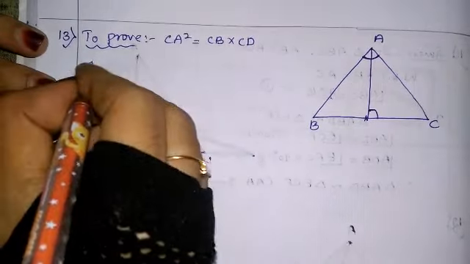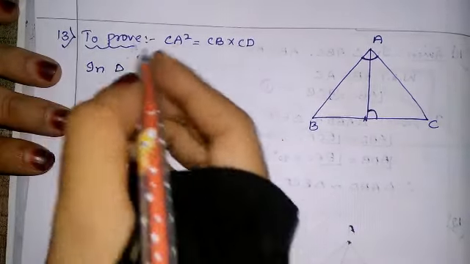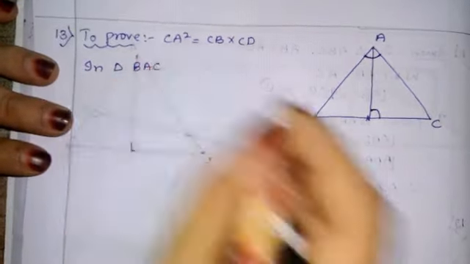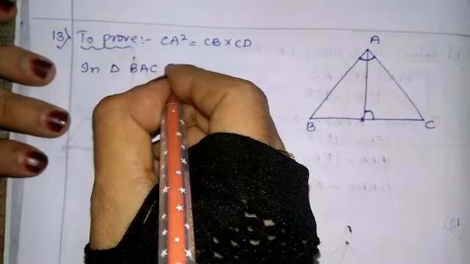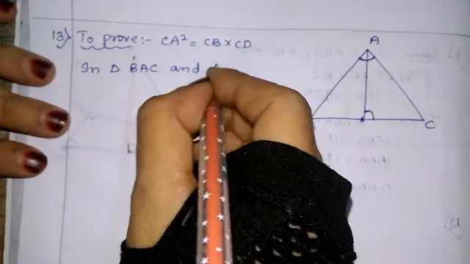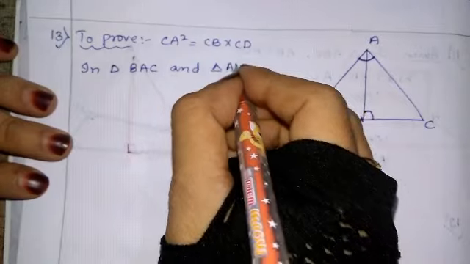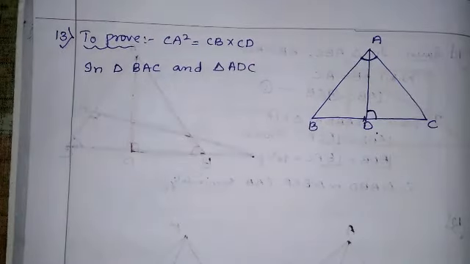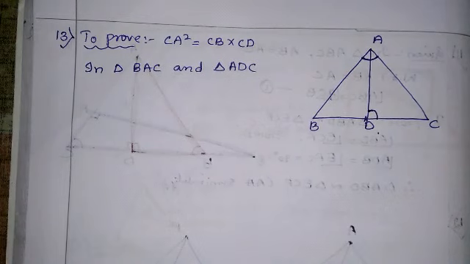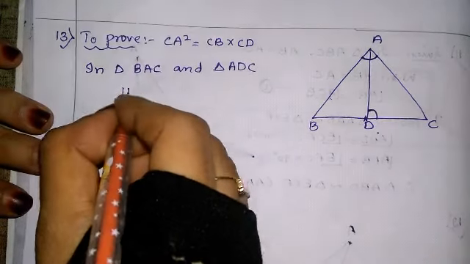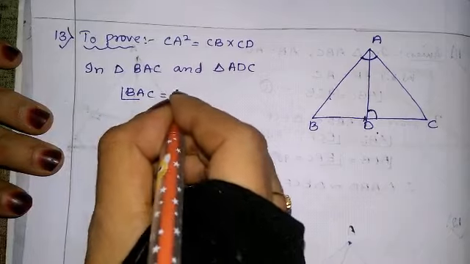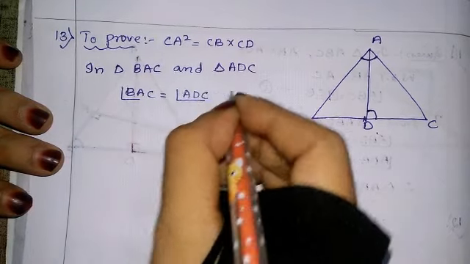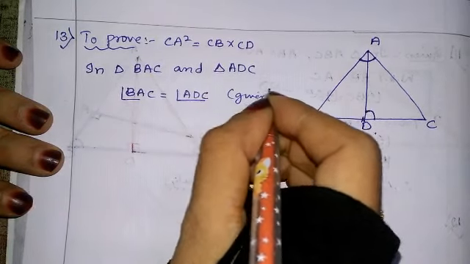Let us write, in triangle BAC, the full triangle BAC, and triangle ADC, that side triangle. Now, what they have given: angle BAC is equal to angle ADC. These two angles are equal.